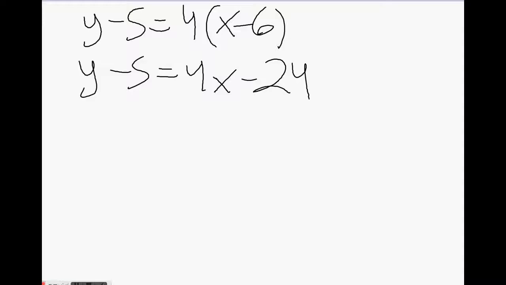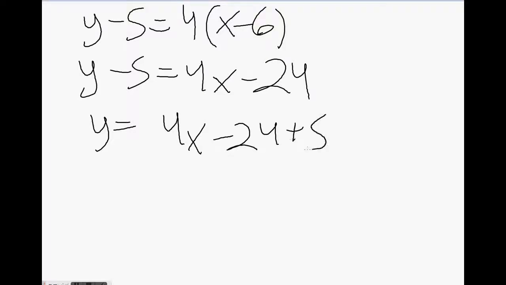Divide everything by 4, which we can, maybe we'll do that last. Let's move, taking a look and thinking what to do. Okay, let's move the 5 first. So then we'll have y equals 4x minus 24 plus 5, which is y equals 4x minus 19.